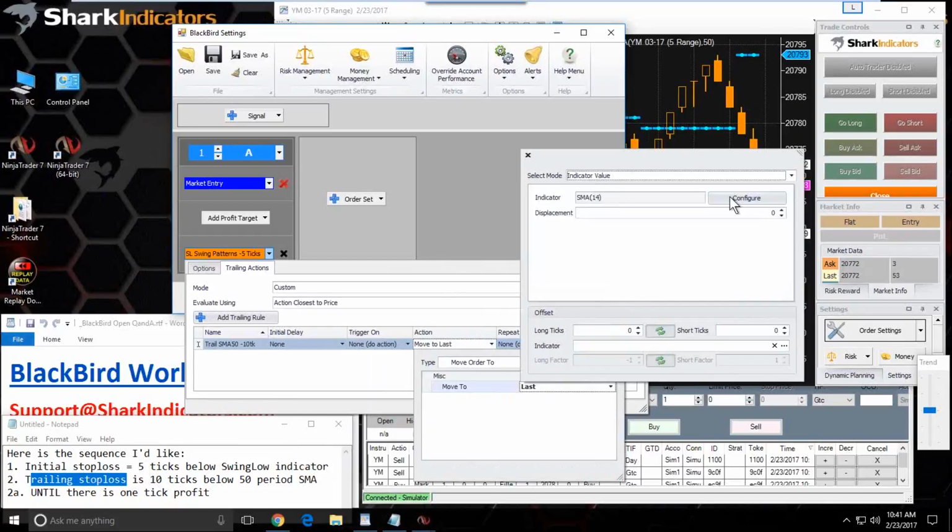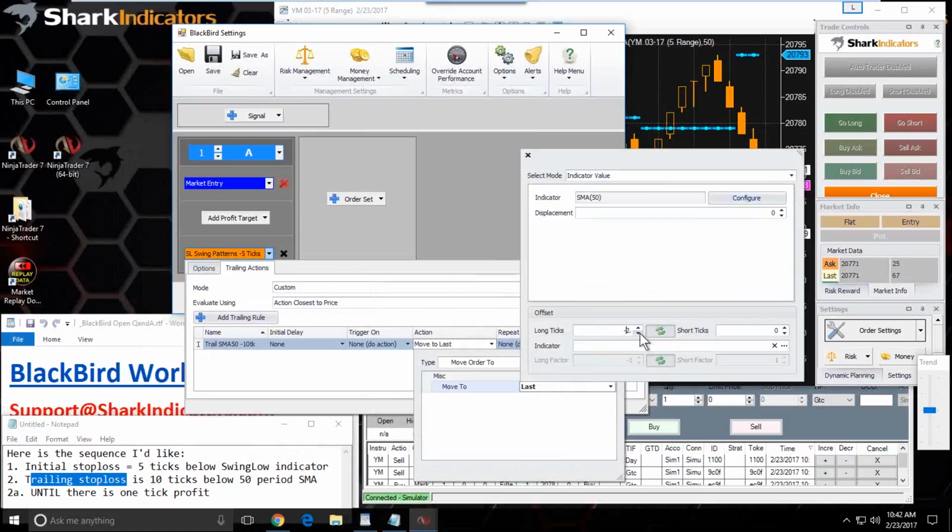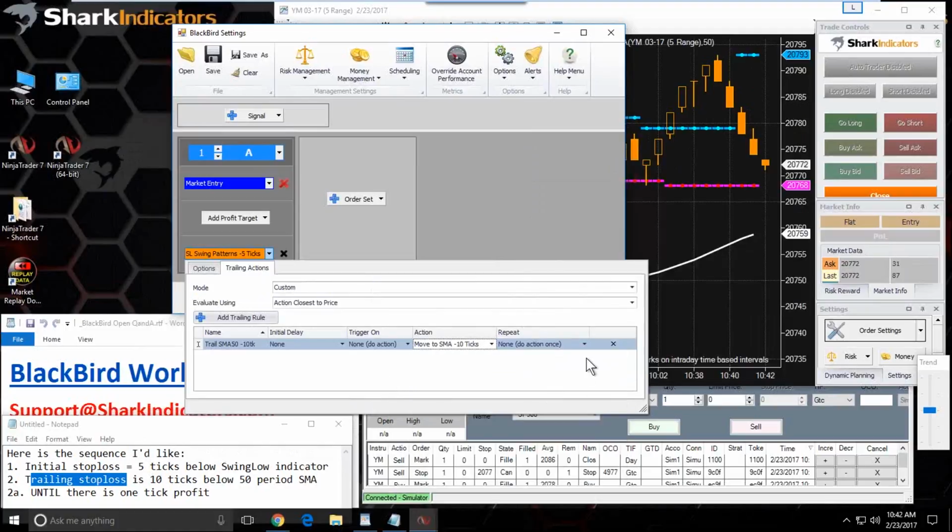All right, let's set up what we're moving the stop loss to, which is our SMA indicator. I'll just put that 50 back in there. And we want 10 ticks below the SMA 50, like so.